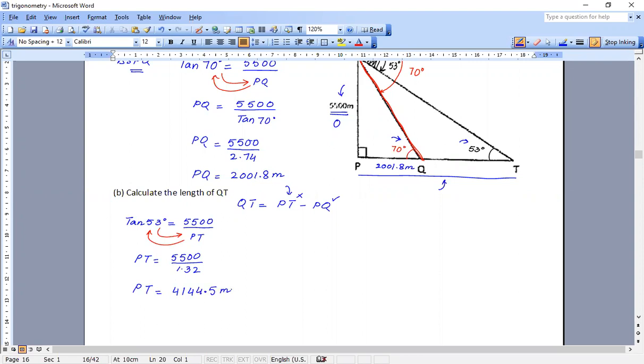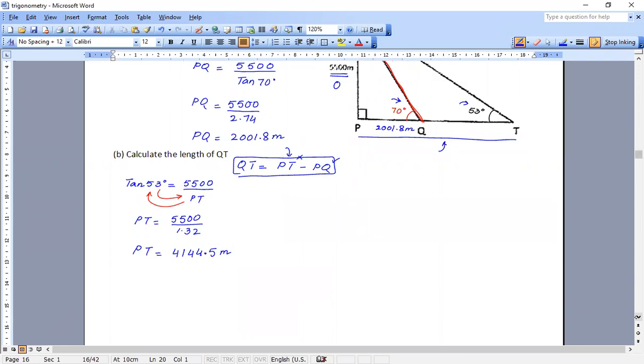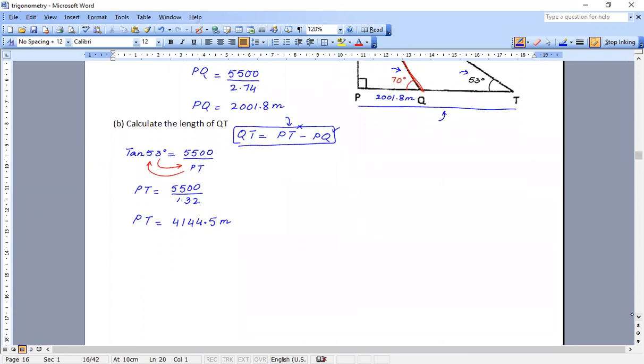Now, I'll go back to the formula which I constructed in the beginning in order to find the length of QT. I'll simply write QT is equal to PT, which is 4144.5, minus PQ, which I found in the first part, that is 2001.8.